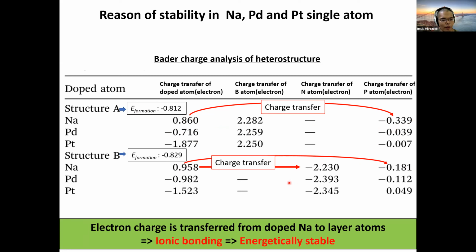Additionally, in the case of structure B, you can see that there's also a negatively charged N atom from the hBN layer.